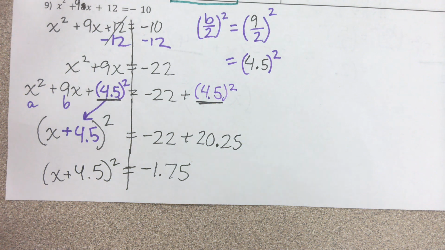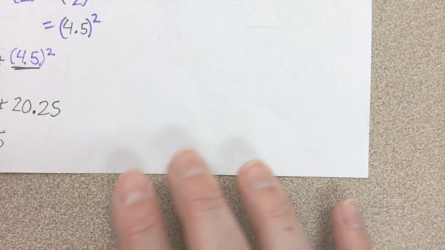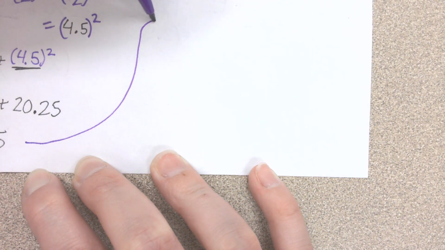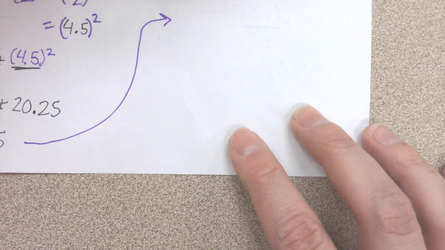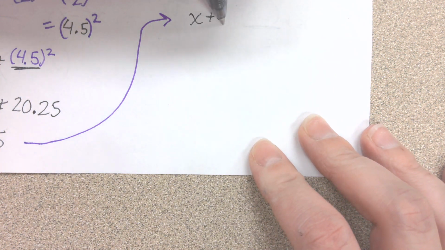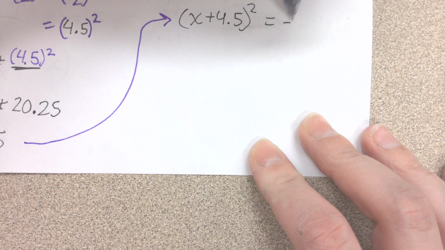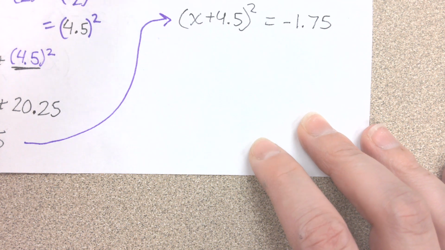As you can see, I'm out of space, so I'm going to move this and rewrite it again on the right side to finish the problem. We have x plus 4.5 squared equals negative 1.75.